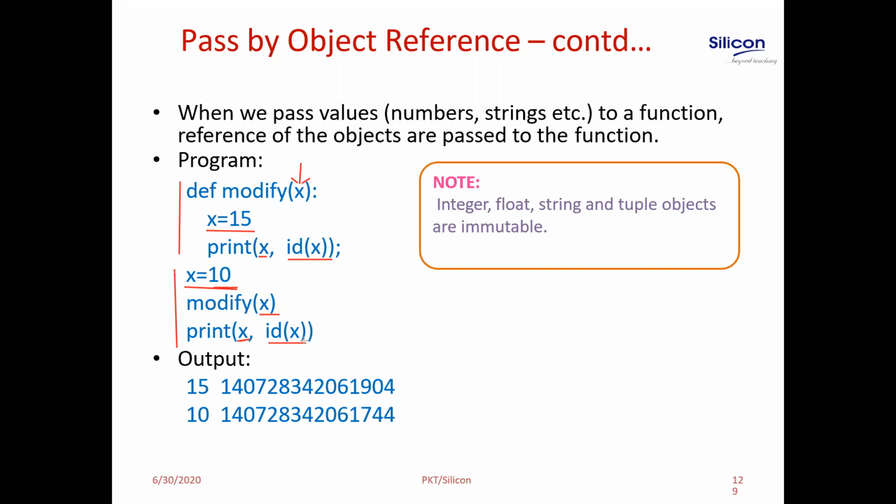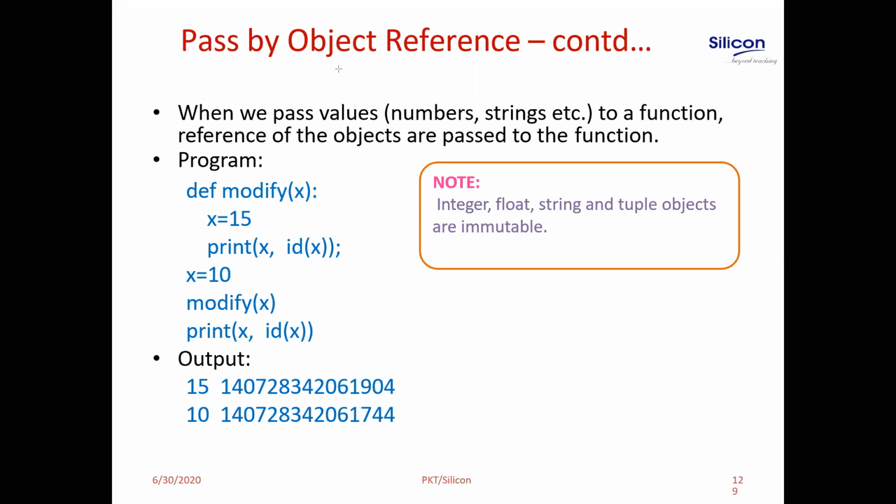That x is a different one. If you pass an integer, float, string or tuple, a separate copy is created in the function itself.